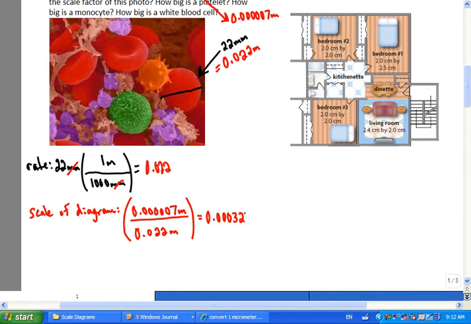I'll round it there. So what this means is that for every meter you give me, I'm going to multiply it by 0.00032. Whatever goes in gets multiplied by that scale factor so that it can be drawn in the right proportion on the diagram. So for example, if we calculated a scale factor of 10, that means before you put it in the diagram, you're going to multiply it by 10. Okay.